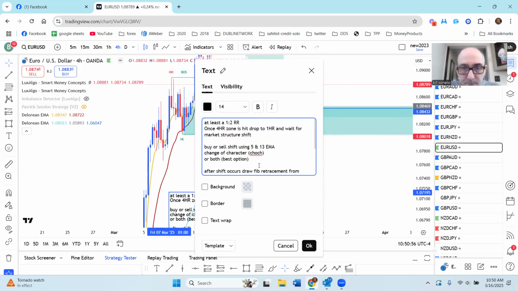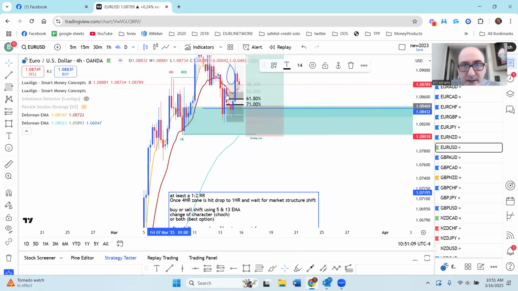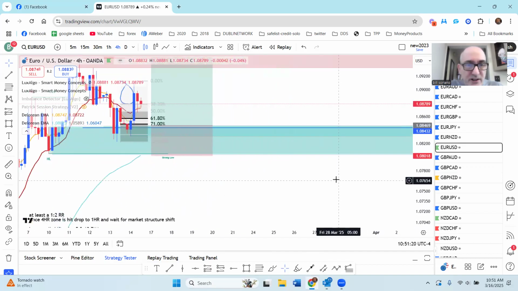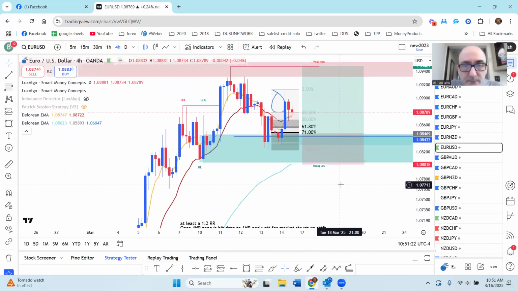Okay. So in this example here, like I said, we got both. This candle right here not only caused a sell shift using the EMAs, but it also broke structure, causing the change of character on a 1 hour time frame, right?